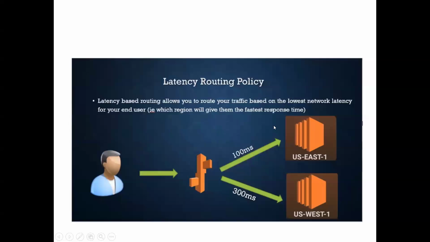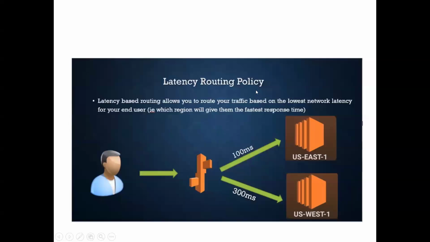These kinds of routing policies are helpful if the customers are from different regions. If the customer is accessing the application from US East 1, he is very near to US East 1. That's why he gets a response within 100 milliseconds. The customer is far away from US West 1, that's why he gets a response within 300 milliseconds.